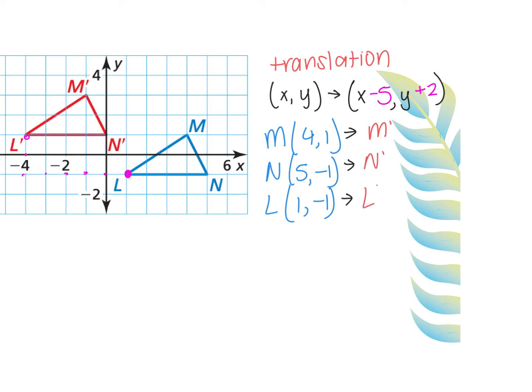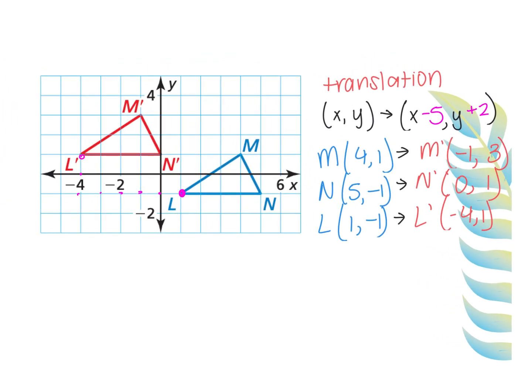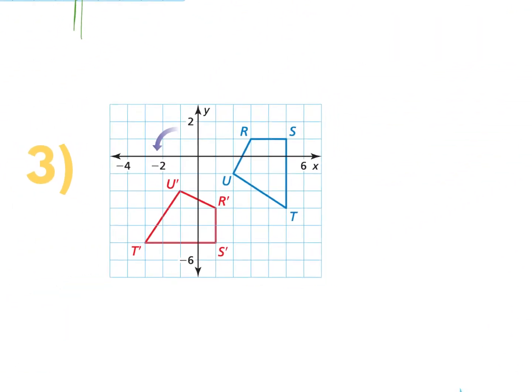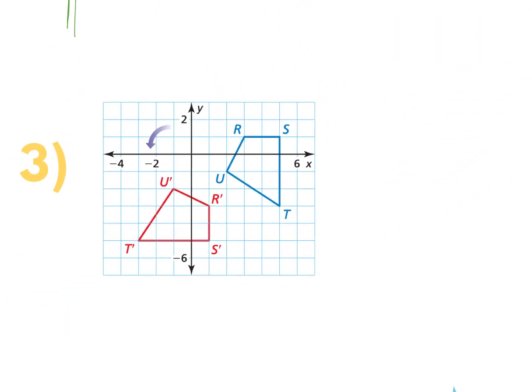So just writing it, don't forget those apostrophes. I'm going to have -1, comma, 3. And then for my N, I'm going to have 0, 1. And L, -4, 1. So if you check it and look at the graph, then you should see that they line up. All right, going to the next one. This is a rotation.